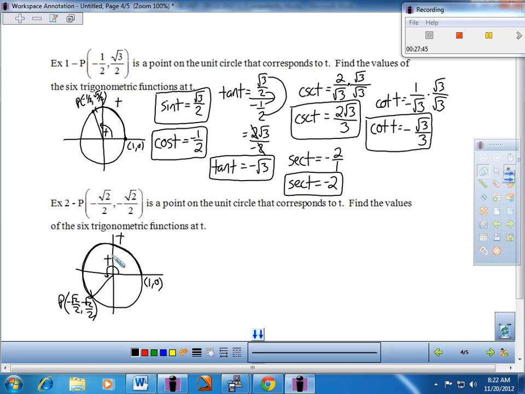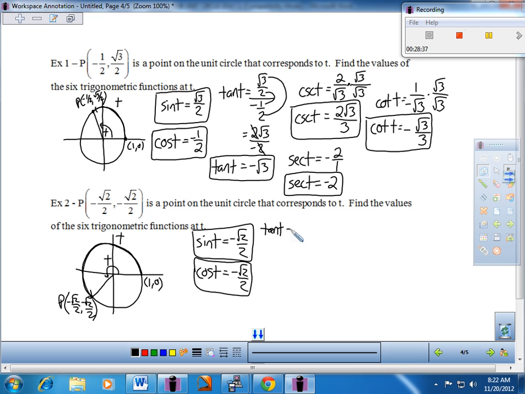Okay, let's see how you did. So when I looked at this, sine of t is just the y value, negative root 2 over 2. Cosine of t is just the x value, again, negative root 2 over 2. Okay, so hopefully you were able to do those nicely. I'm going to come right over here and do tangent of t.